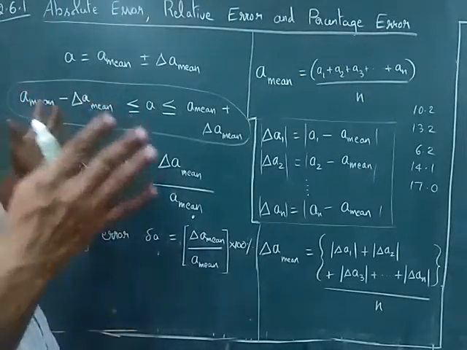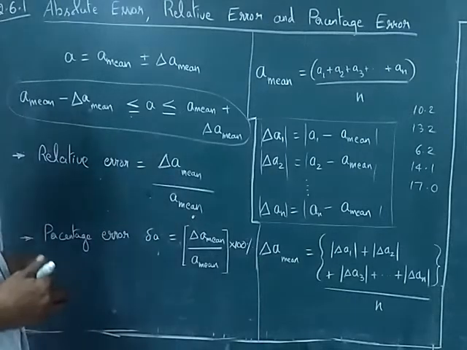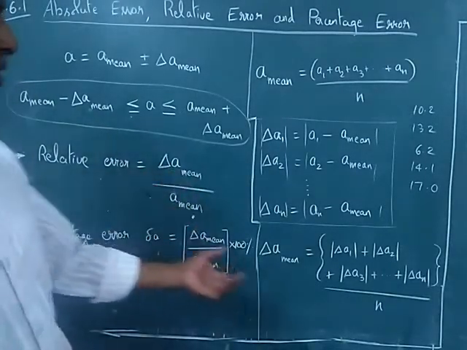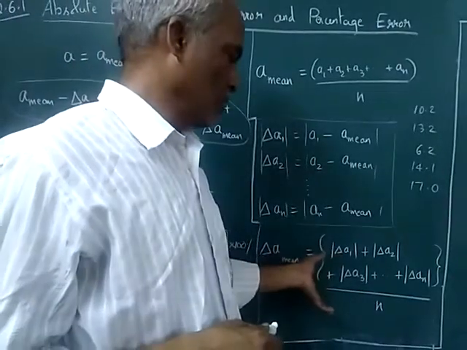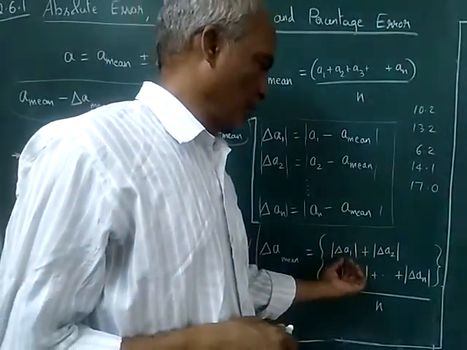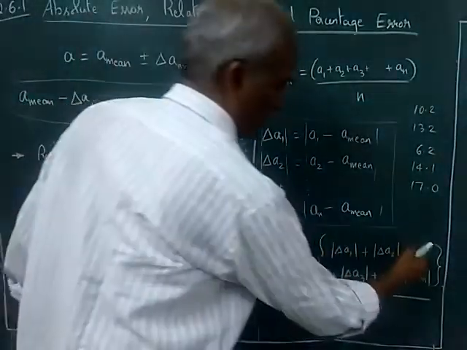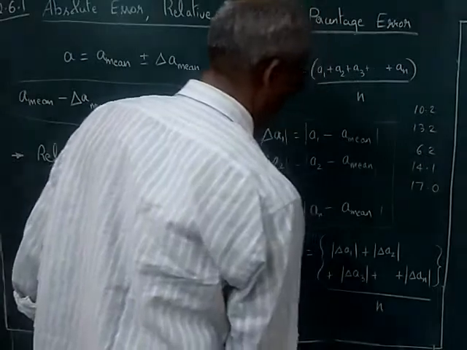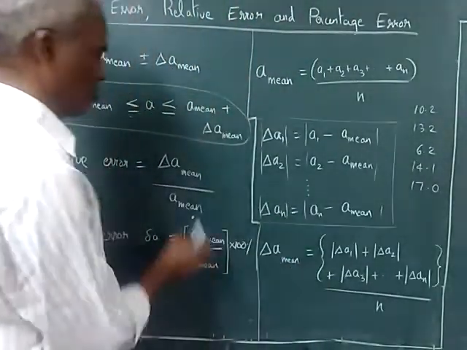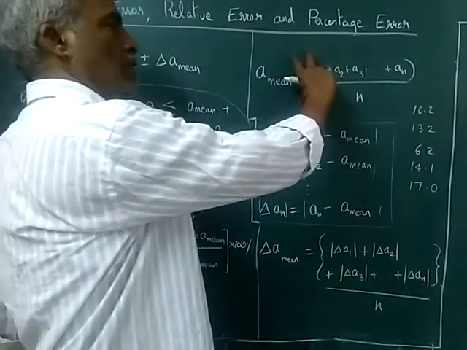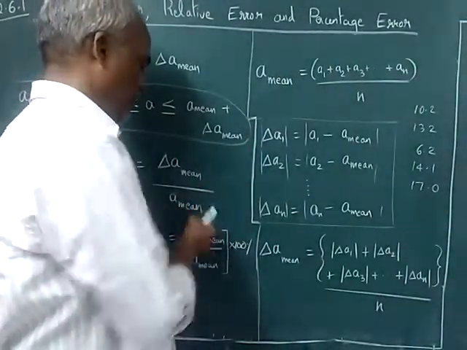This is the range. Now we will define relative error. Relative error is del A mean, that is this value. What is this value? The magnitude of del A1, that is the absolute error; you add all the absolute errors and divide by n, and then you will get del A mean. You substitute this value here, and divide by A mean.